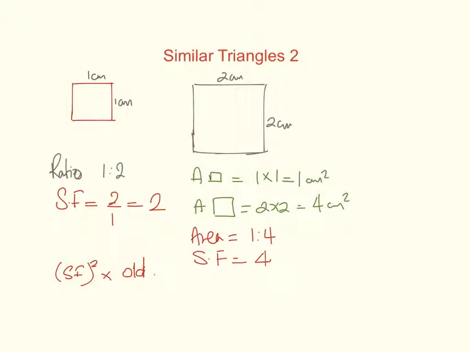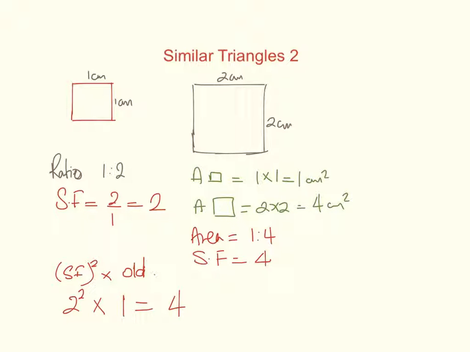So for example, since I know the scale factor is 2 between the size of the two similar shapes, if I square 2, I will get 4. I multiply that by the old area, which is 1, and so I know the area of the bigger shape is going to be 4, because 2 square gives me 4, and I multiply it there.